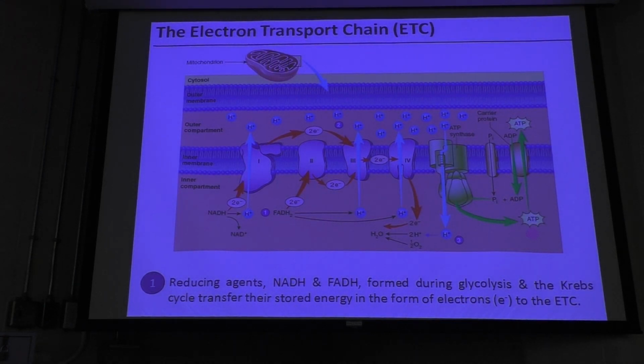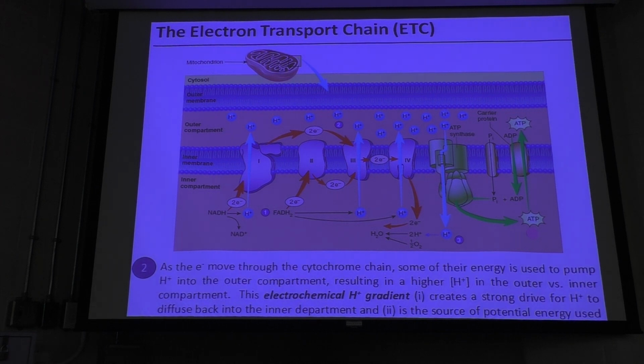So, the electron transport chain, as a brief review, occurs in a series of steps. We have the cytosol, the outer membrane, the outer compartment of the mitochondria, the inner membrane and the inner compartment here. And so the reducing agents, NADH and FADH, that were ultimately formed through glycolysis and the Krebs cycle, will transfer their stored energy in the form of electrons to these complexes of the electron transport chain, as you can see here.